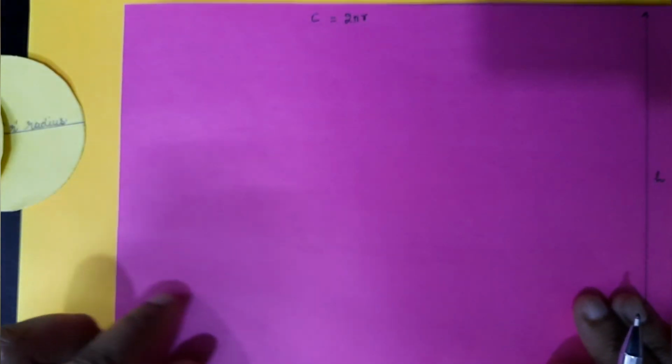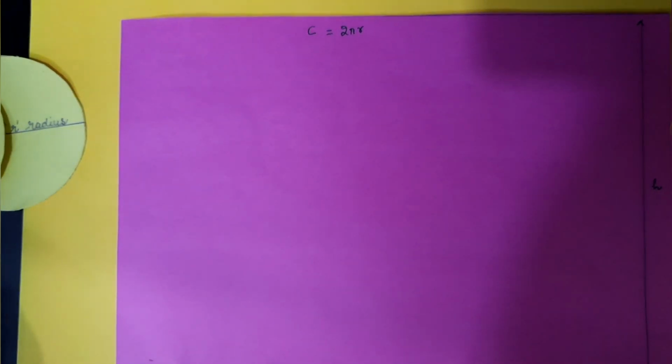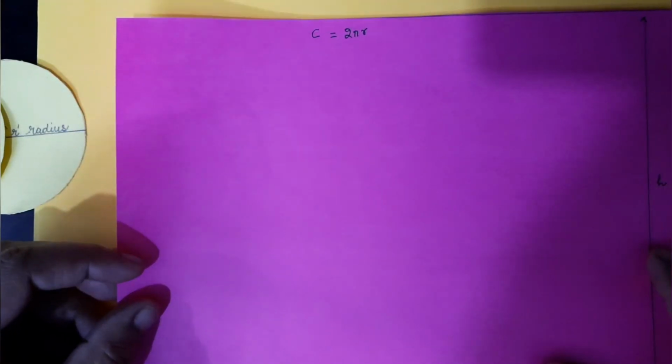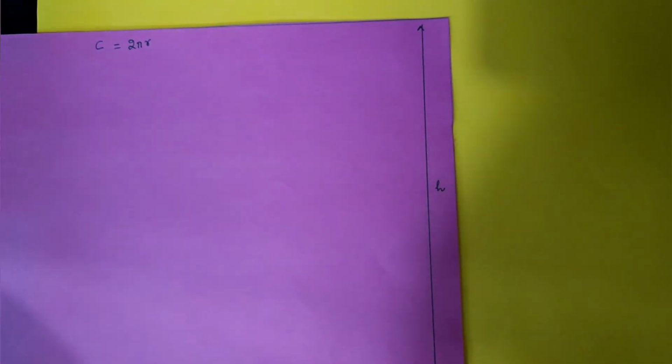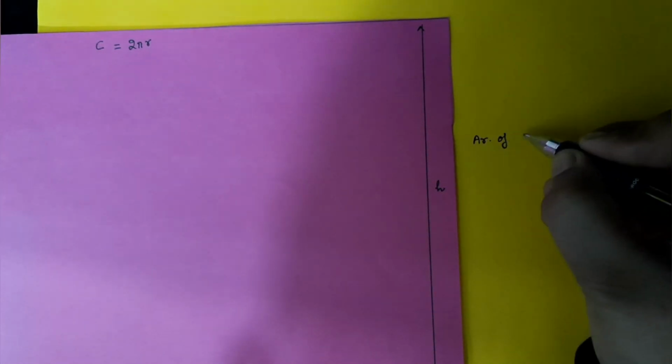So for this particular surface, the rectangle which becomes the curved surface, I am supposed to calculate its area by using the formula of rectangle. As I know, area of rectangle is length into breadth, and this is same as the curved surface area of cylinder.